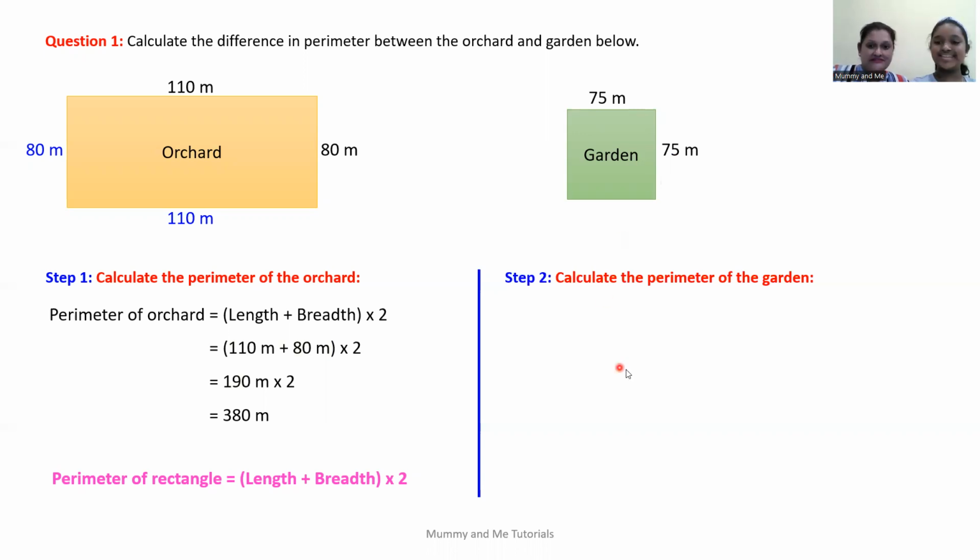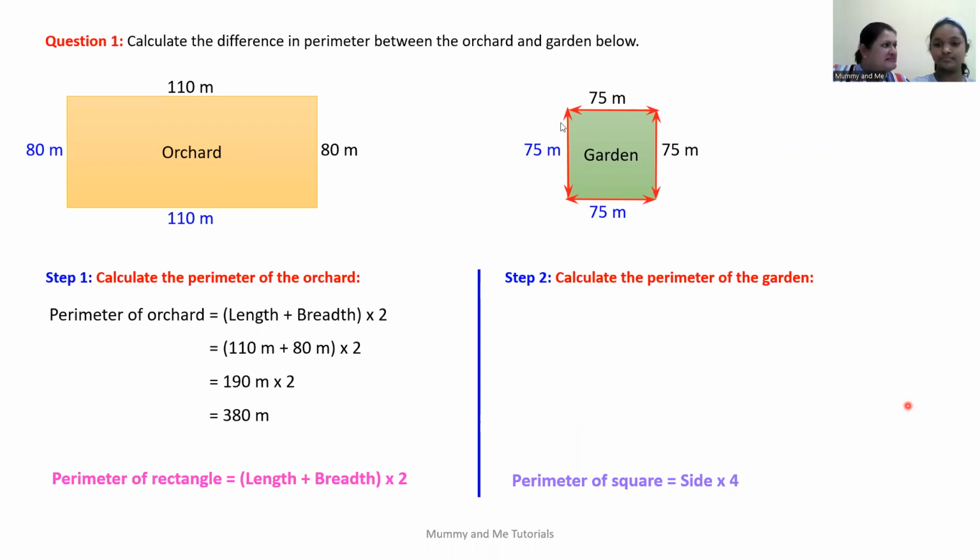Yes, and since in a square, all 4 sides are equal, then these other 2 sides will also be equal to 75 meters. So how do we calculate the perimeter of a square? The perimeter of a square is equal to side by 4.